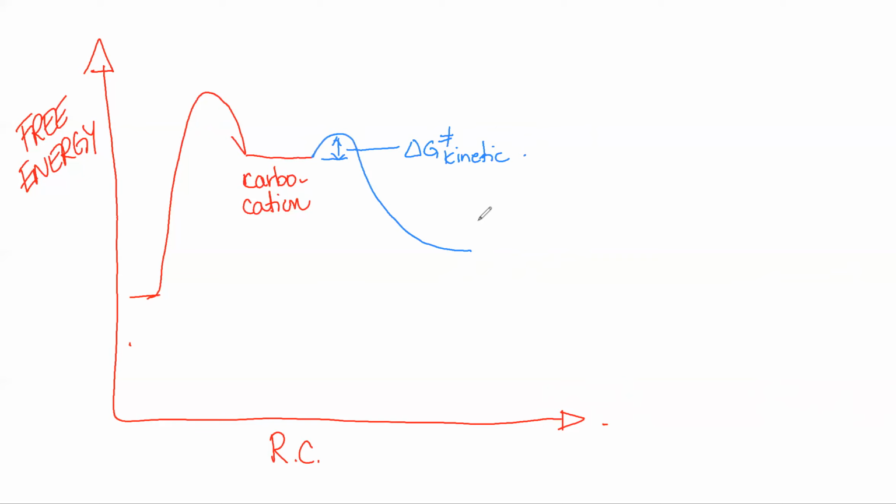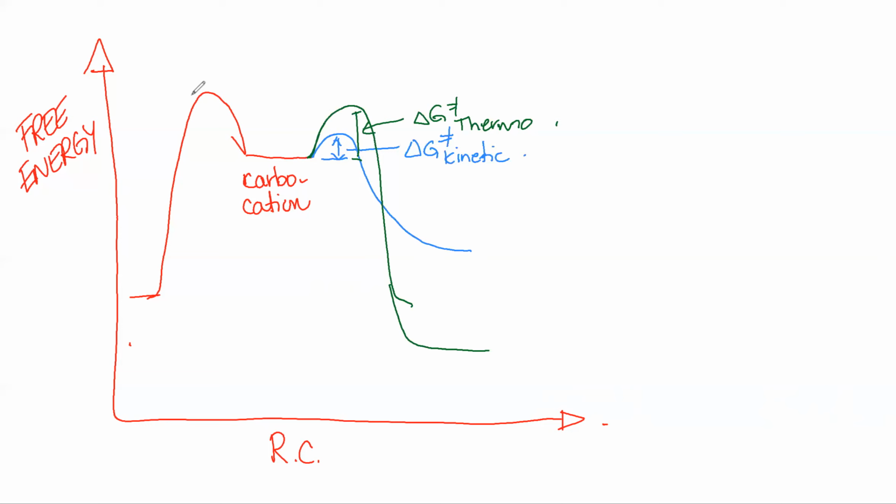And for the thermodynamic product, it's going to be slightly higher, but the product is going to be lower, right? So this would be delta G dagger thermo. So in this one, green should be lower than the one in red. Hopefully I've drawn that to scale. So this is basically how this works.